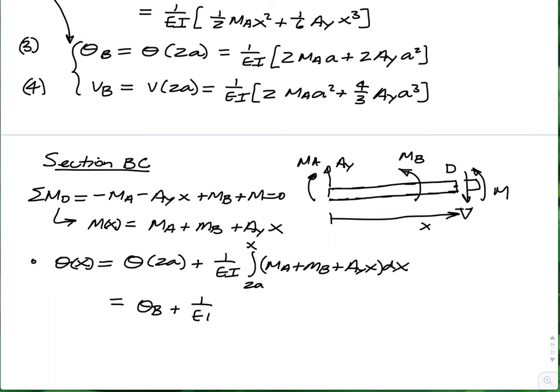It's going to be 1 over EI. There's going to be an MA plus MB times x minus 2a plus 1 half AY times x squared minus 2a squared, so that's 4a squared, like that.